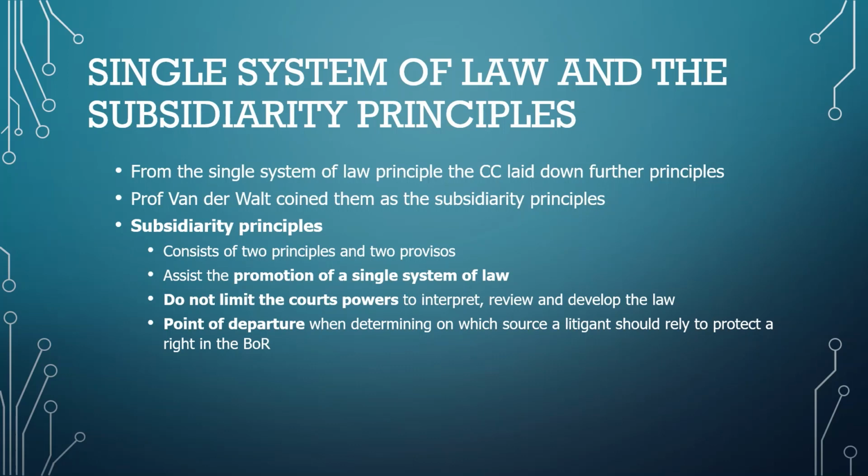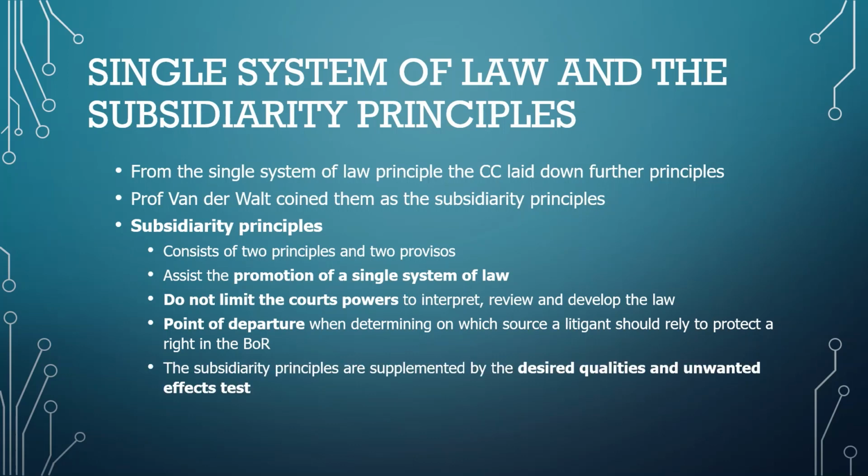And this is really encapsulated in the idea that the subsidiarity principles are a point of departure when determining on which source a litigant should rely to protect a right in the Bill of Rights. In other words, they provide us with a starting point for an angle of approach. The subsidiarity principles are then also supplemented by the desired qualities and unwanted effects test.